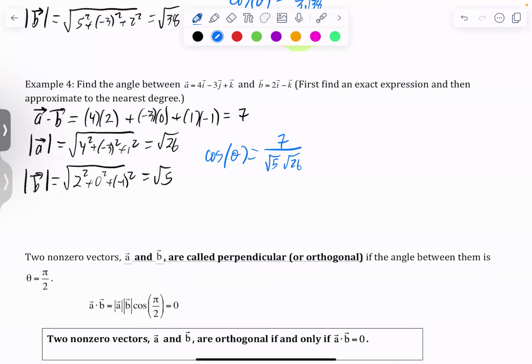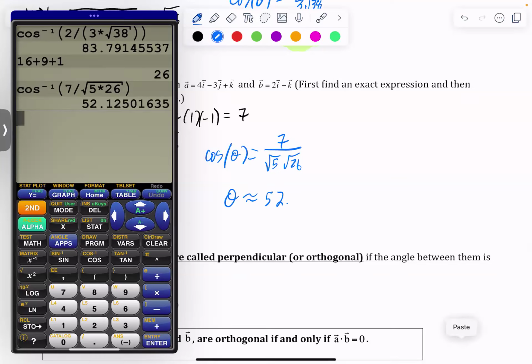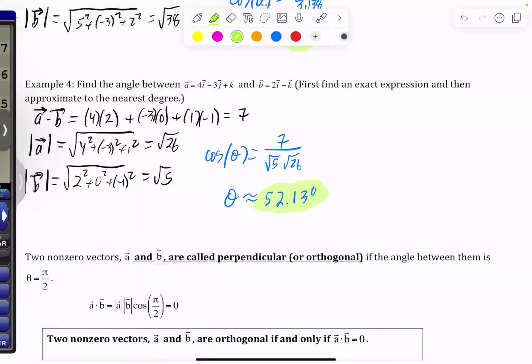In the calculator, I'm going to put that all under one radical. So inverse cosine, 7 divided by square root of 5 times 26. So this means that theta is about 52.13 degrees, if we round that properly, is the angle between these two vectors.